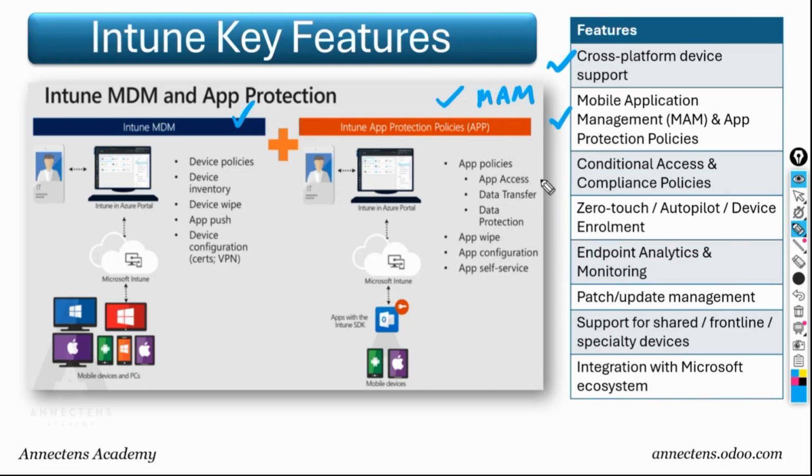Through these policies, you can have access to your applications. You can download, install, uninstall, and repair. Whatever data is transferred, this makes it easier. Now you cannot move corporate-compliant data to your personal apps.